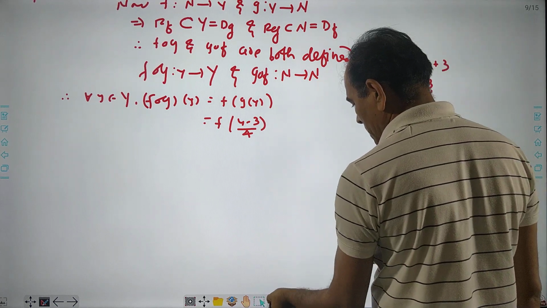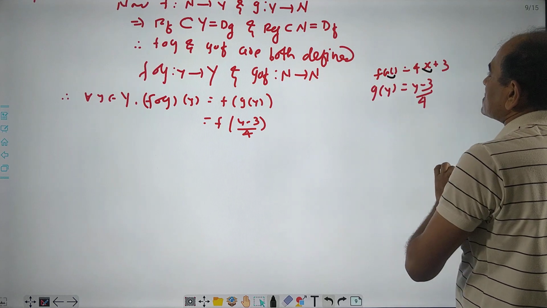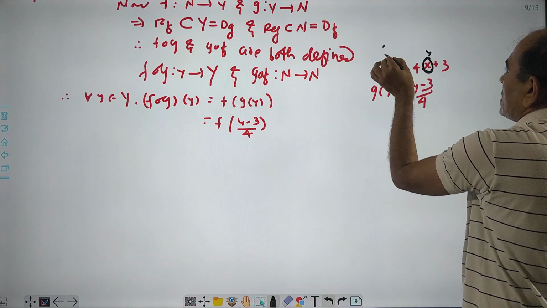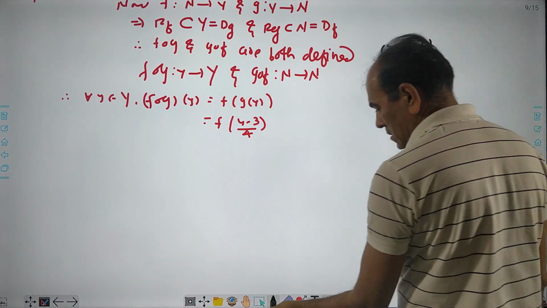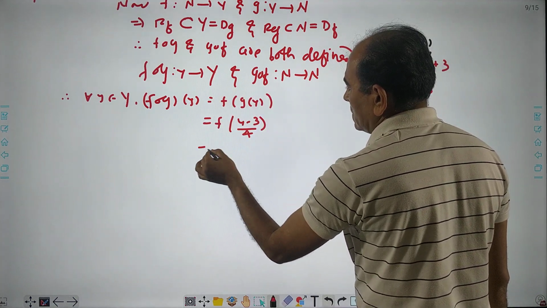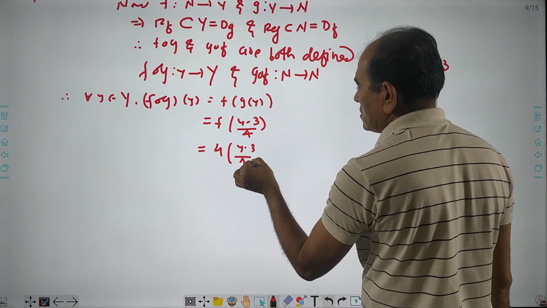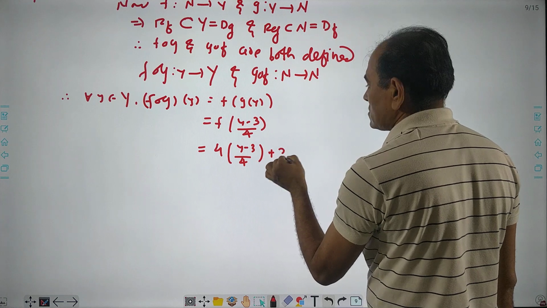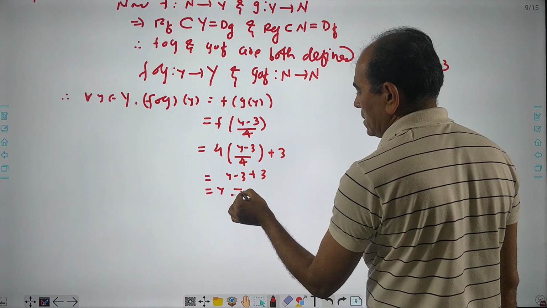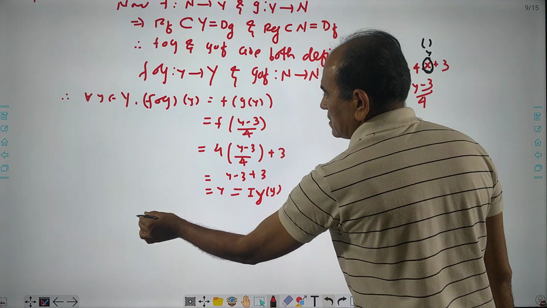And what is f? f of x is equal to 4x plus 3. Where here x, so here x. If here y, then here y. Here something, so here something. Clear? So that is equal to 4 times (y minus 3) by 4, plus 3. That is equal to y minus 3 plus 3, which is equal to y, and that is equal to I_Y of y.